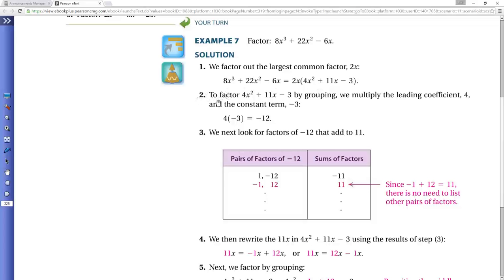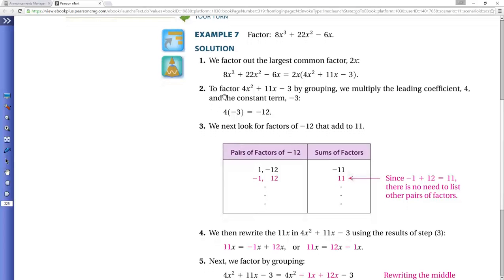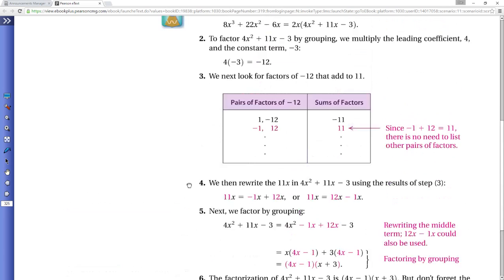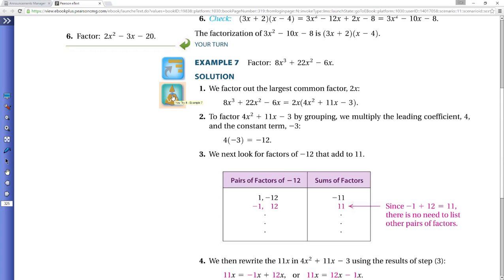Well, let's go through this. Let's actually do an example here with going through the steps again.